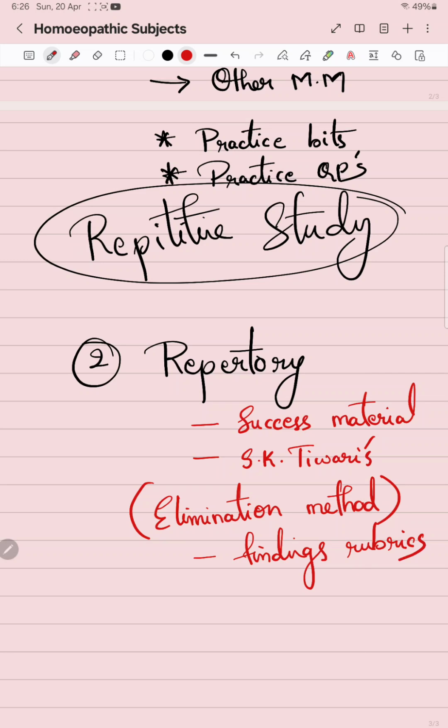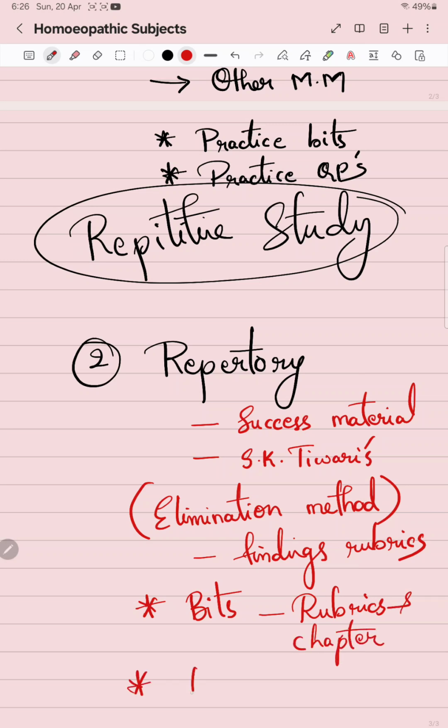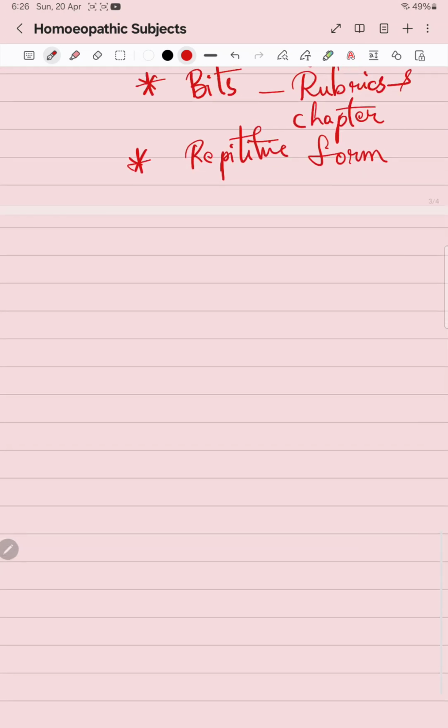In repertory, you have to mainly focus on the concept and do the bits of several rubrics and its chapters, and that too again do it in a repetitive form where you can recall it easily.